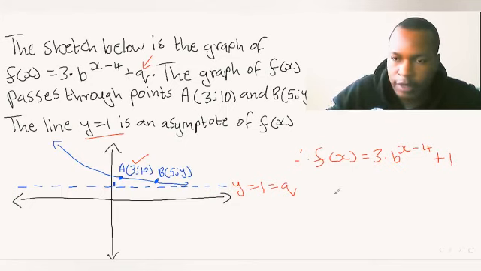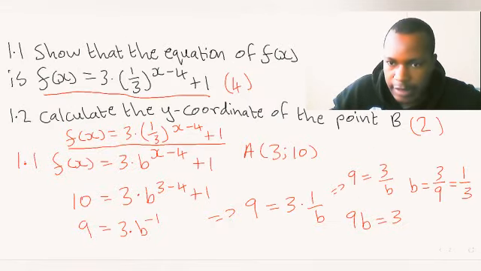So the y was unknown. So I'm going to just move on to the next page so that we are able to calculate the y coordinate of B. So now B would be (5; y) over there, and that's 1.2.